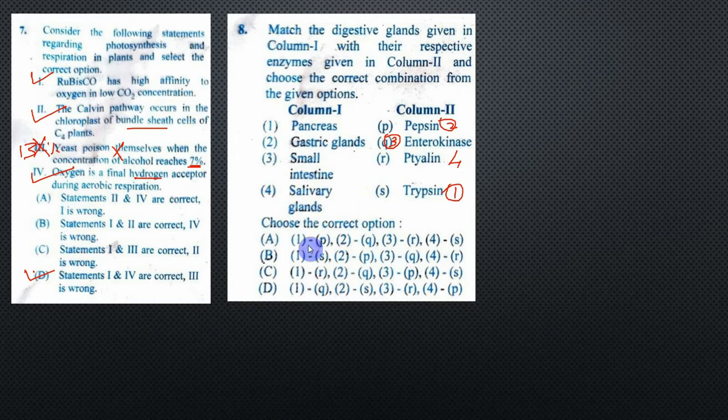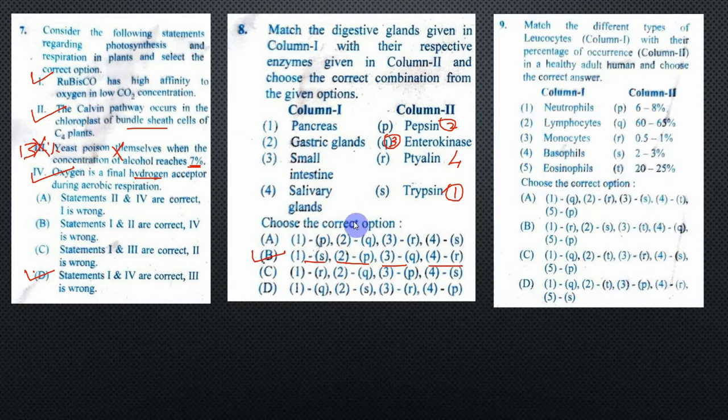When you look into the options, you can see that option B is the right answer, which matches what we have already written over here. That is, the first one matches with S, the second one with P, the third one with Q, and finally the fourth one with R from column 1 and column 2.